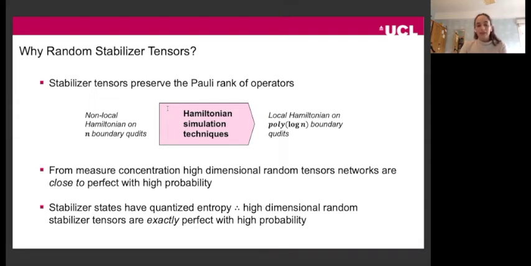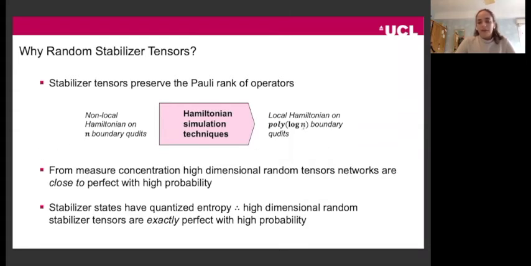It would have been probably a lot easier to not go through the effort of using two-designs and just have the half measure. So as Tamara touched on briefly in her talk, stabilizer tensors are essential for the second step because we need to preserve the Pauli rank of operators. We're taking this non-local Hamiltonian on n boundary qubits, and we're ending up with a local Hamiltonian that's going to act on a different set of boundary qubits.